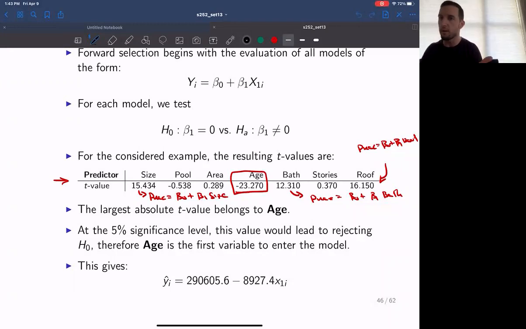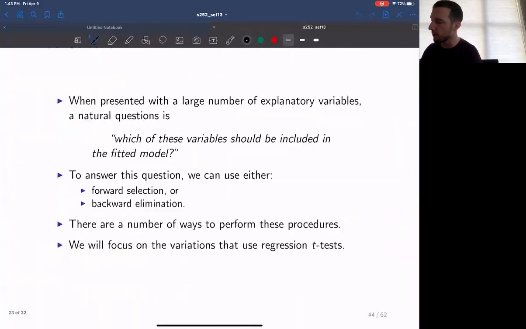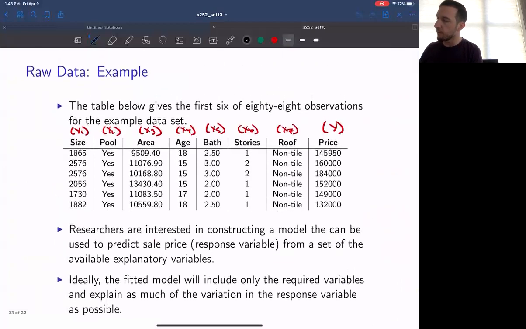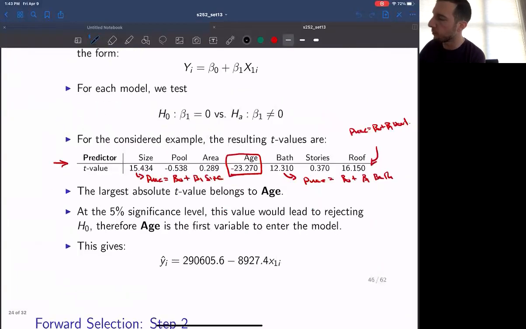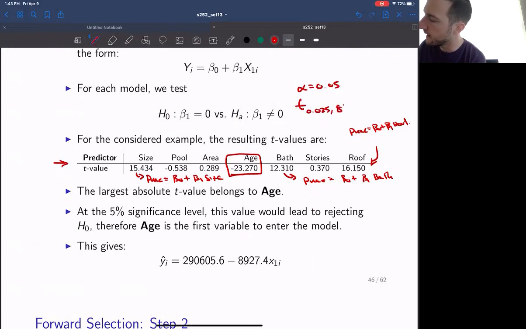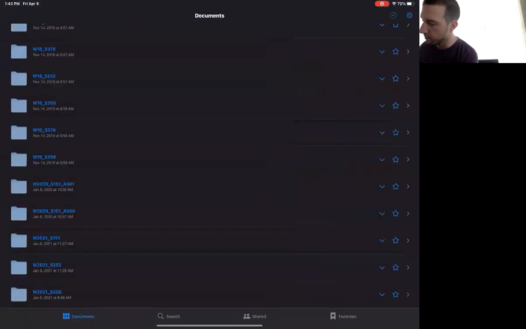But if you want to be really specific about it, we can do it like this. So we have 88 observations in the data set, right? So let's say that for this forward selection procedure, we go alpha is equal to 0.05. So I'm going to have a critical value on 0.025 and 86 for this particular test. So this is going to be a t-value.